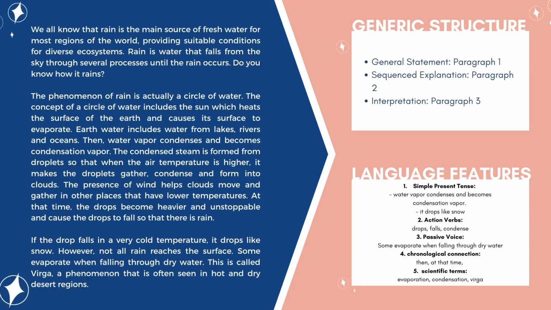Some examples taken from this text are drops, falls, and condense. 3. Passive voice. A sentence example from this text is some evaporate when falling through dry water. 4. Chronological connection. Some examples are then and at that time. 5. Scientific terms. Several scientific terms taken from this text are evaporation, condensation, and virga.